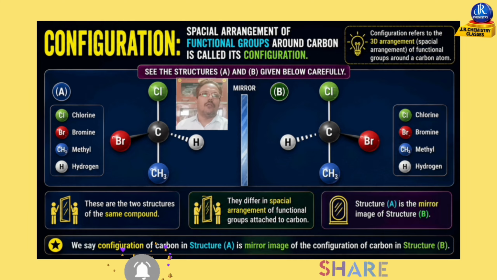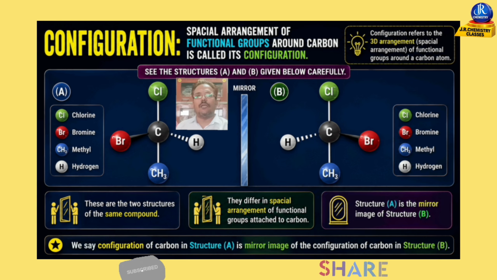Configuration: the spatial arrangement of functional groups around carbon is called its configuration. See the structures A and B given below carefully. These are two structures of the same compound.